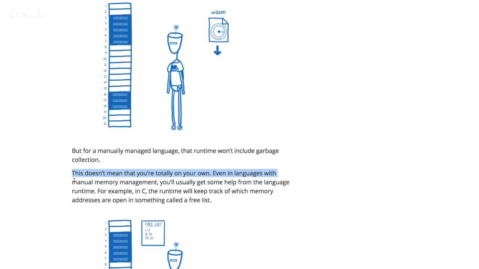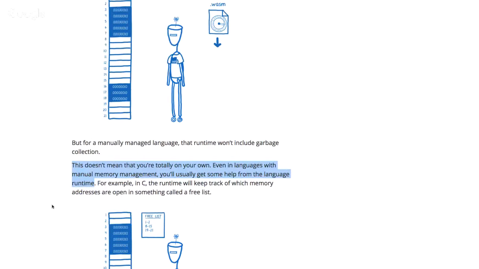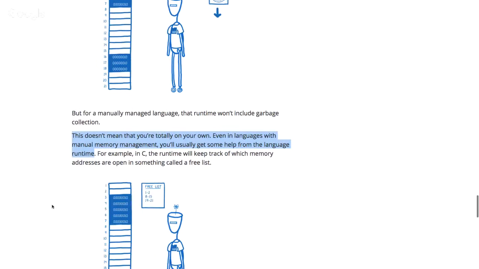Even in languages with manual memory management, you'll usually get some help from the language runtime. Like in C, even though you have to manage memory manually in the code, there is some help.